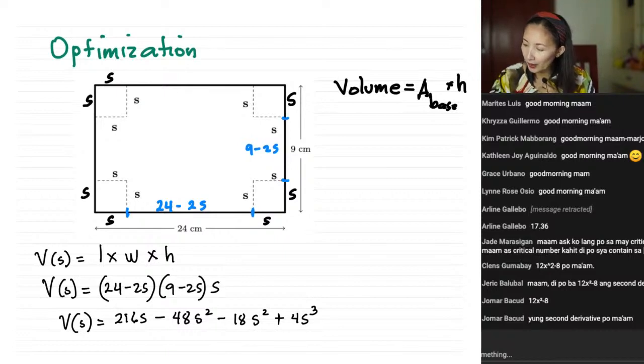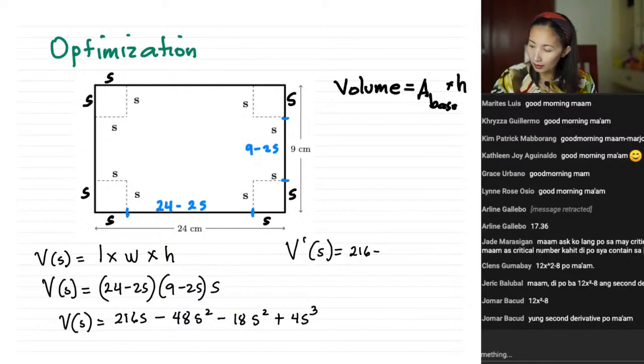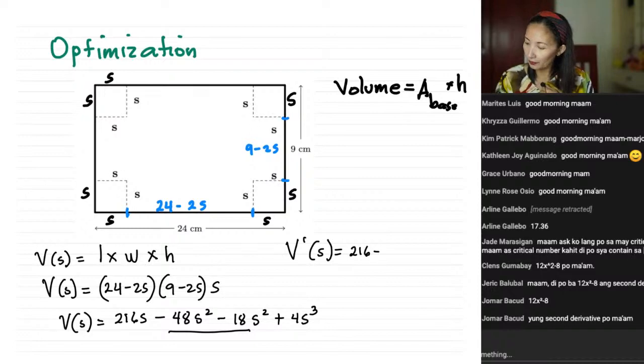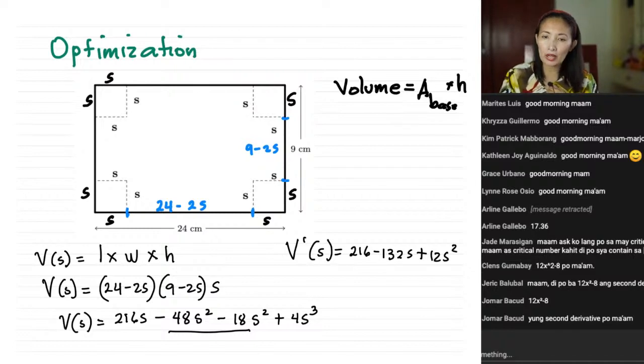So V prime of S is equal to, get the derivative, 216 minus, get the sum of the two, 48 plus 18 is 66, times 2, 132, correct? 132s plus 12s squared.